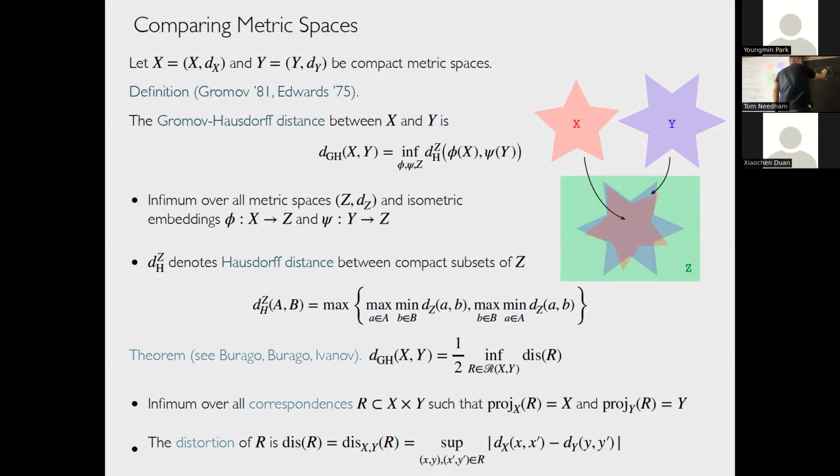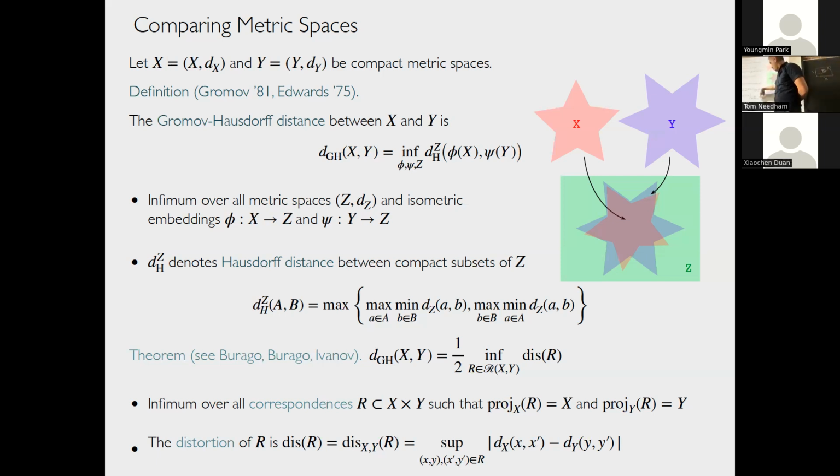But I can have wilder stuff, and maybe I put in this whole block. So graphs of surjective functions, but it can be much wilder than that. That's what I'm infimizing over. I'm supposed to think of the correspondence as some sort of matching between the spaces, but it's a soft matching. It's not a function from one space to the other. If I have a point (x, y) that lives in the correspondence, I think of x and y as being coupled together.